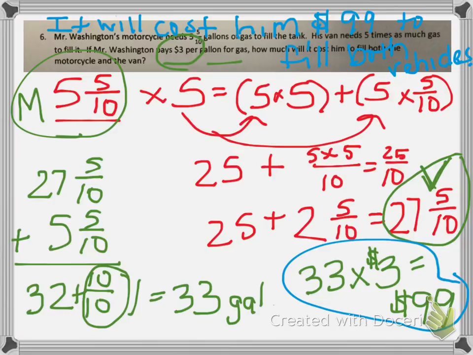Okay, first we had to find out, we were given the motorcycle, we found out the van, we found out the total gallons, and then we need to multiply it times that $3 to get $99.